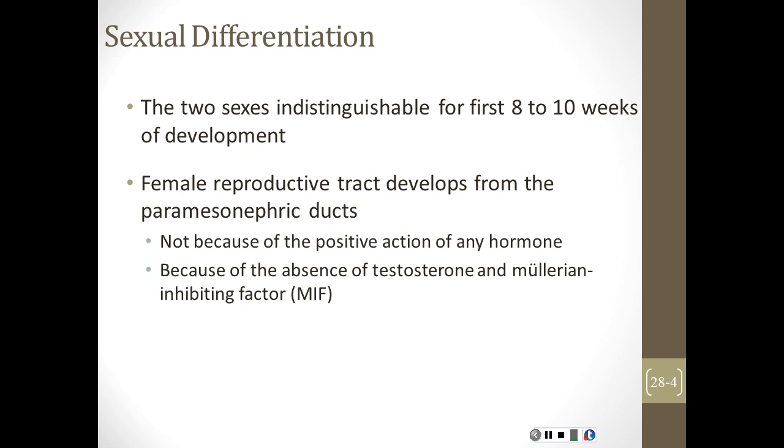Now, the female reproductive tract develops from the mesonephric ducts, and that's because of the absence of testosterone and the MIF, which is the Müllerian inhibiting factor.